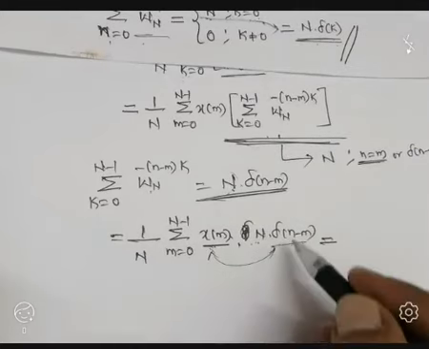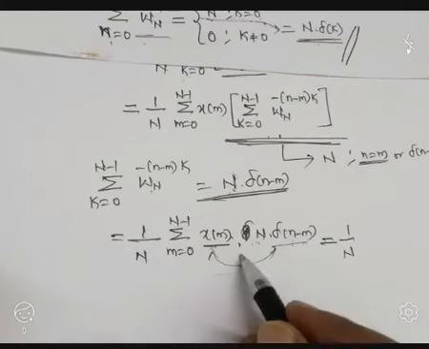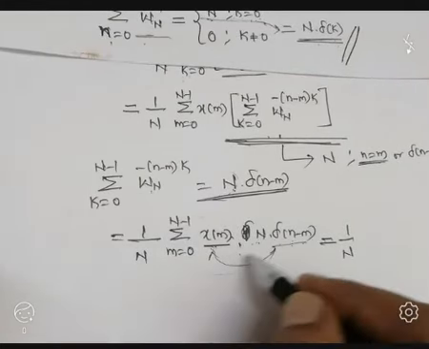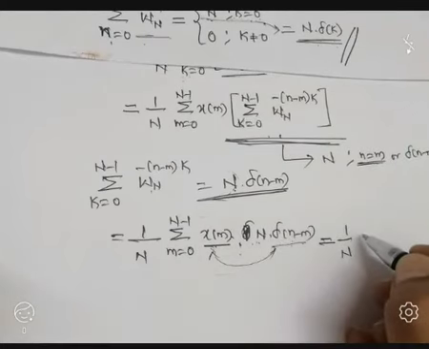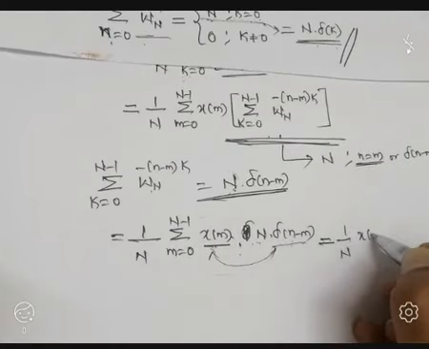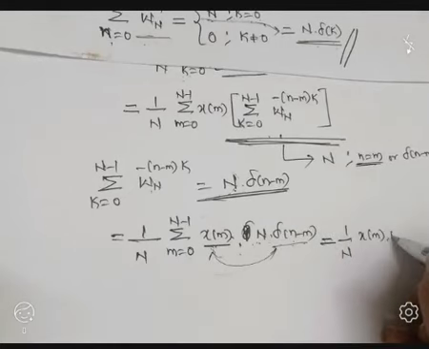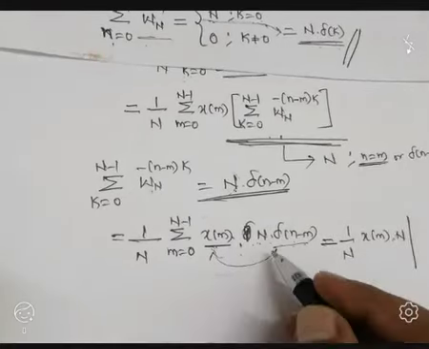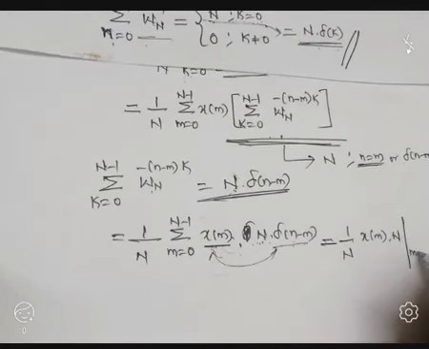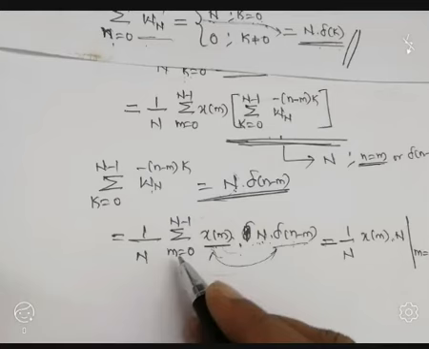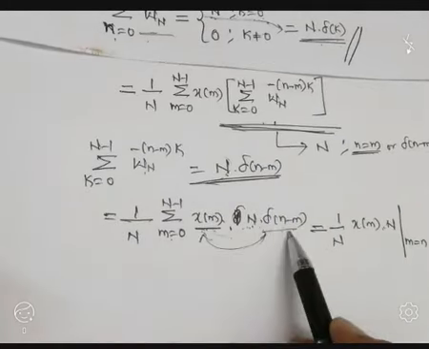So this term becomes 1 by n as it is. The result is x of m as it is, and the multiplication result is n as it is. But the condition applies: the multiplication of these two things is present only when m equal to n. Instead of calculating all the values, the result is only where m equal to n.